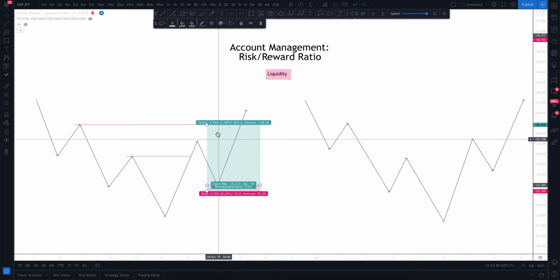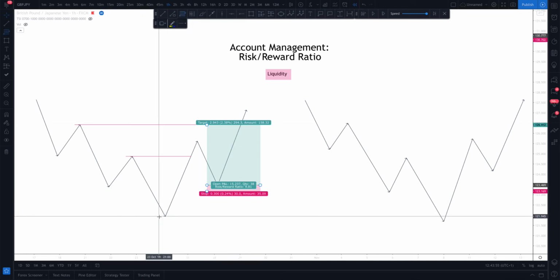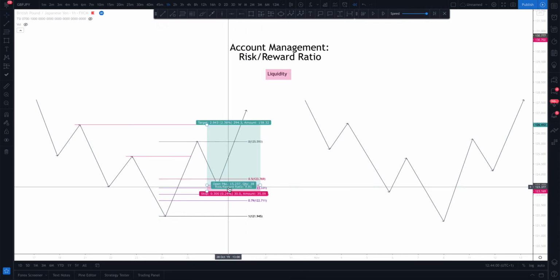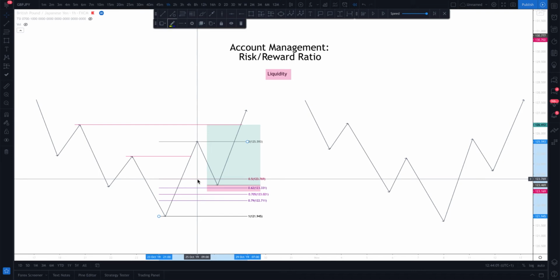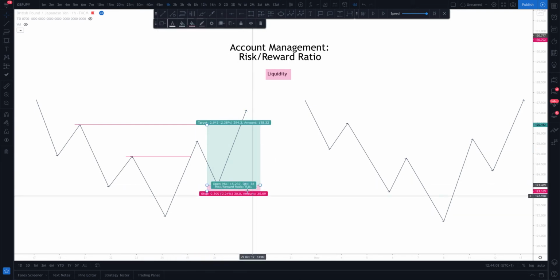I say 30 because if you go on Baby Pips or any of these retail concepts and strategies, or anyone on YouTube, they'll teach you to just buy off of the 618 and have a 30 pip stop loss to account for any leeway, and that's how you take your trade. So let's say you do use that concept.